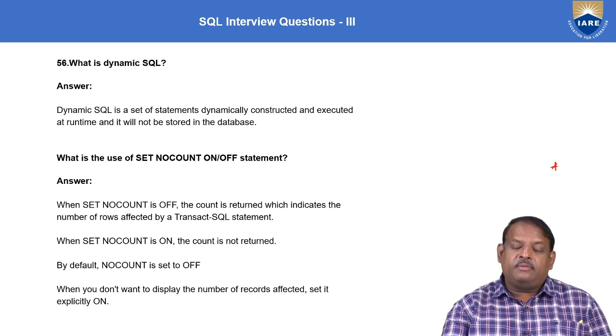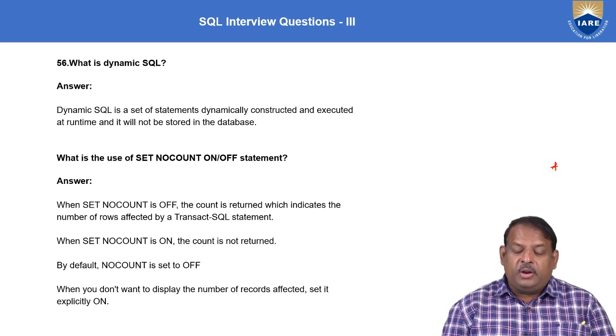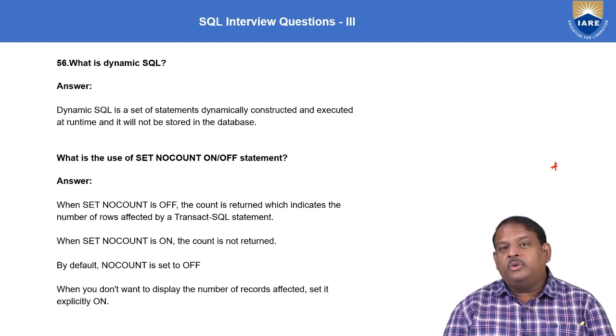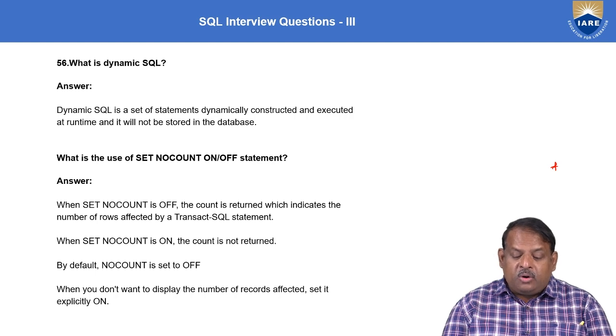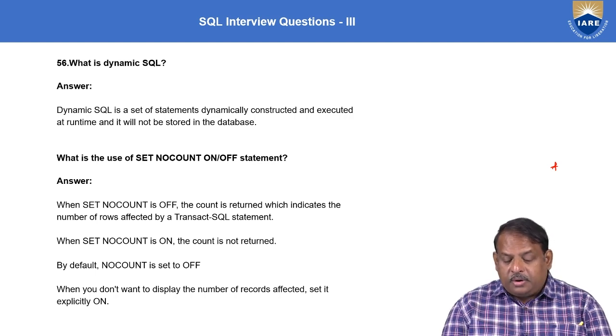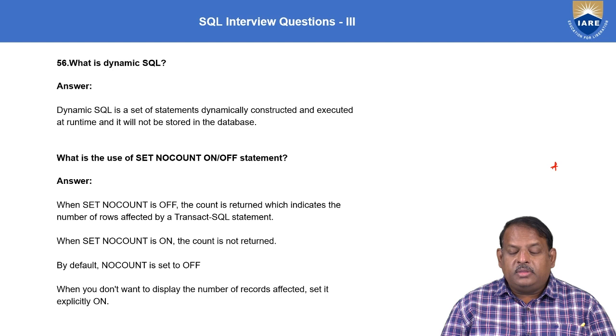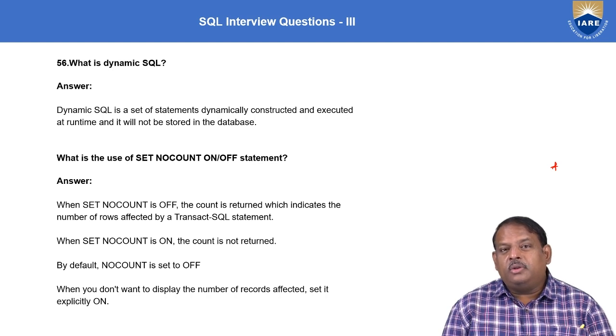When you say select star from EMP, suppose you have 10 records. When you set it to on, you will not get the 10. When set nocount is on, the count is not returned. By default, set nocount is set to off.